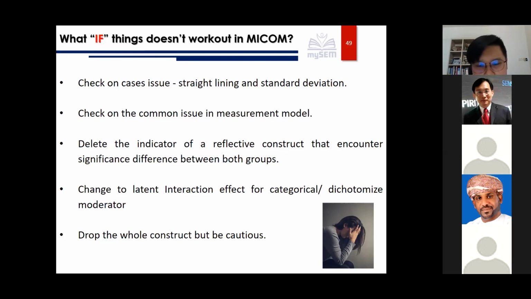Maybe you do latent interaction effect, like the product indicator approach, two-stage approach, and orthogonalization approach. And the final last resort, which is the worst, will be to drop the construct if you never fulfill MICOM. But it is not advisable for 5. 4 is also not really that advisable, but first, second, third are the most advisable.